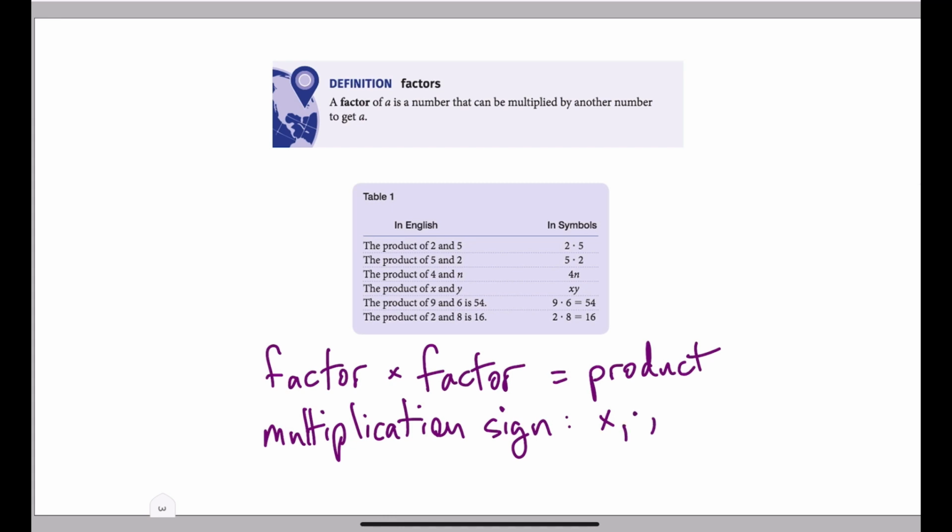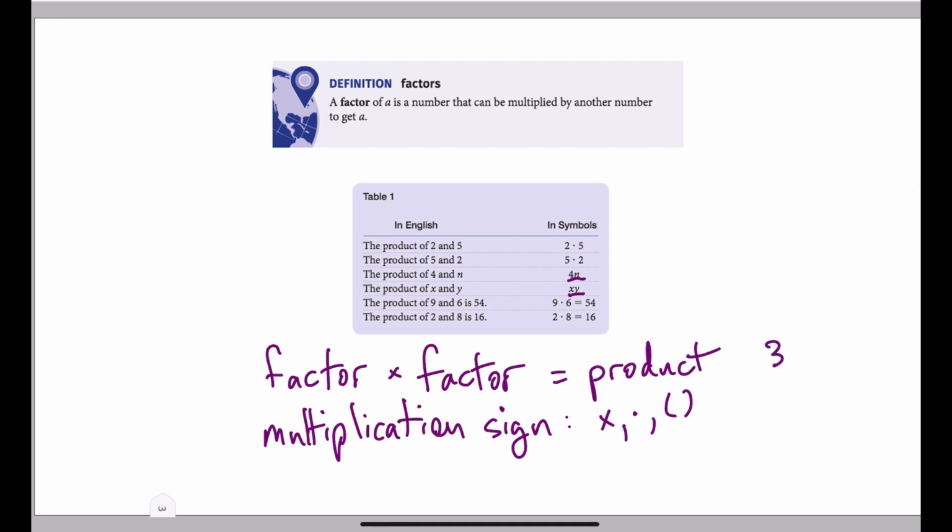One is the dot. Another is to use parentheses, to put one of the numbers in parentheses. And then, as we'll see, if you have a number and a variable, or two variables, you actually don't even need a multiplication sign between them, because putting them next to each other means multiplication. So you won't be confused. Every time you see that, it won't mean add, subtract, or divide. It'll always mean multiply.